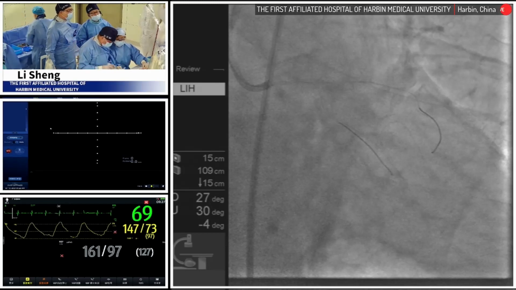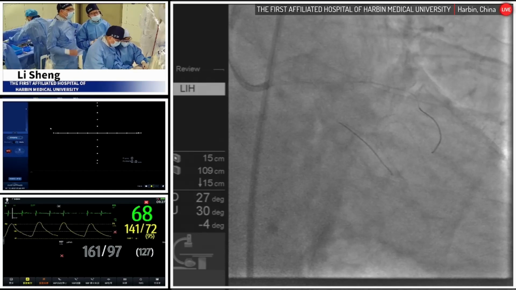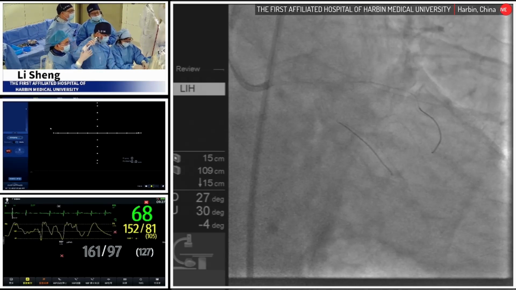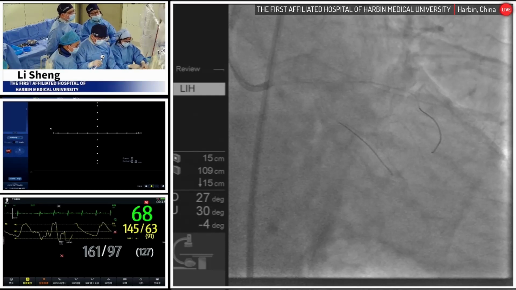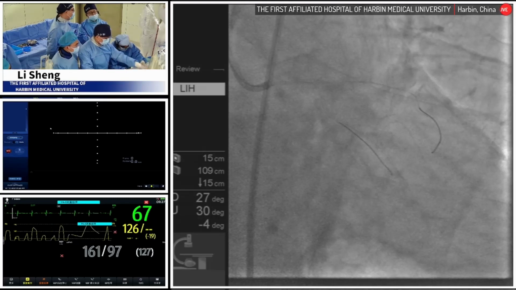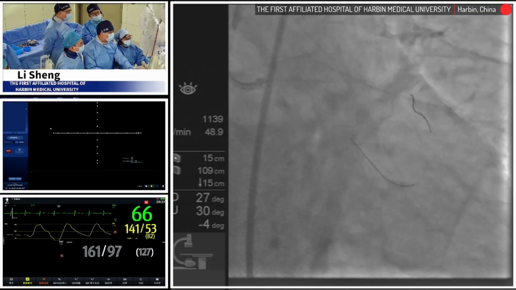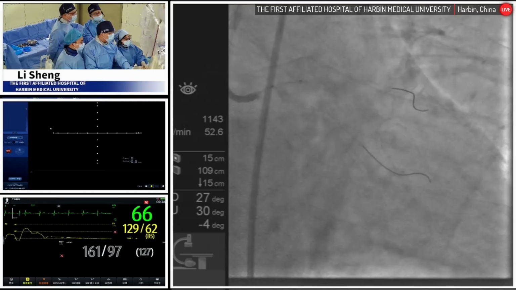Some bench tests have shown we should choose a cutting balloon or scoring balloon a little bit smaller than the vessel size. If this is a 3.0 millimeter vessel, we should choose a 2.5 or 2.75 millimeter balloon, and use higher pressure.